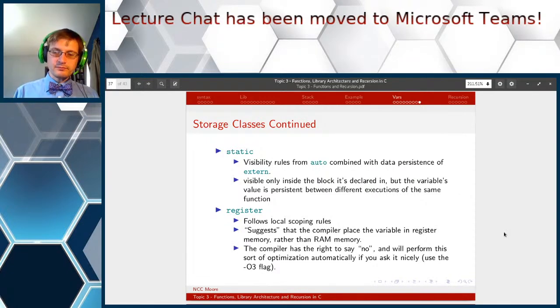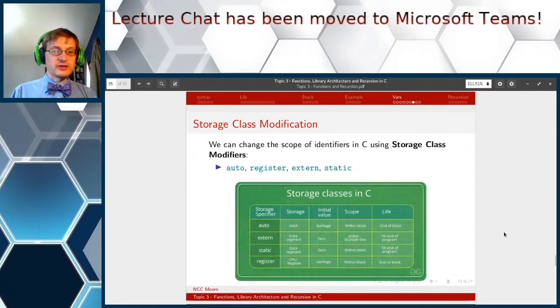And finally, we have the odd duck. We have register. You can actually tell C that you would like to use one of the CPU's registers directly as memory.